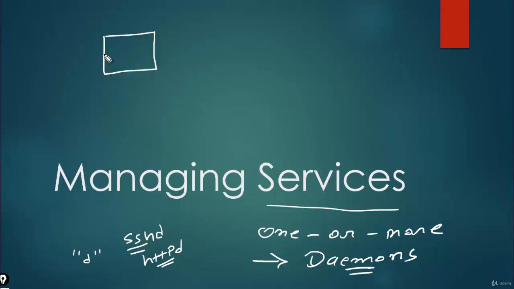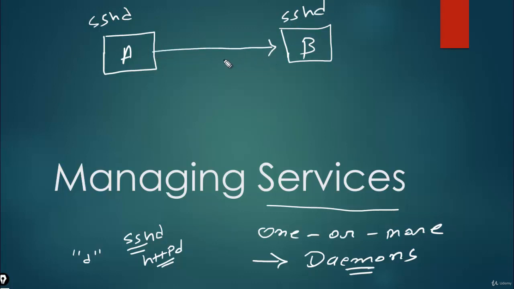Now you have two computers, computer A and computer B. Both have the SSHD service enabled, meaning the daemon is loaded. When computer A tries to connect with computer B using SSH, computer B's SSH service will listen for a connection.